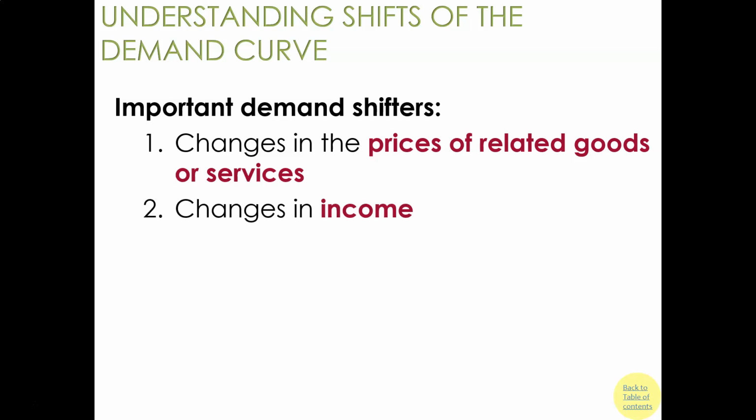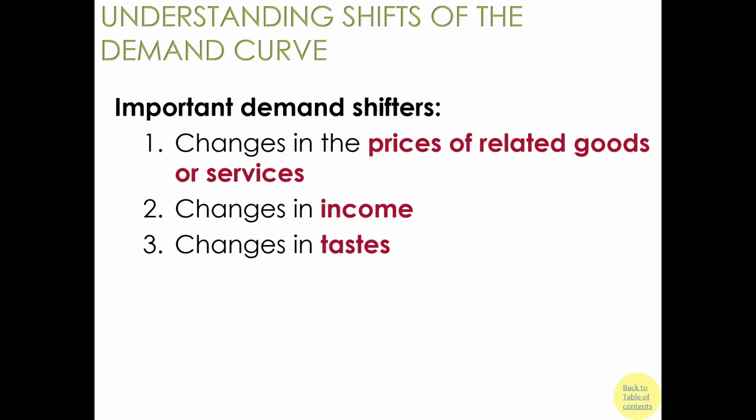Changes in income, of course, because that is what determines the consumer's ability to purchase a good or service. Changes in tastes. We don't spend a lot of time with this because we tend to think these change rather slowly. But of course, taste can change over time.